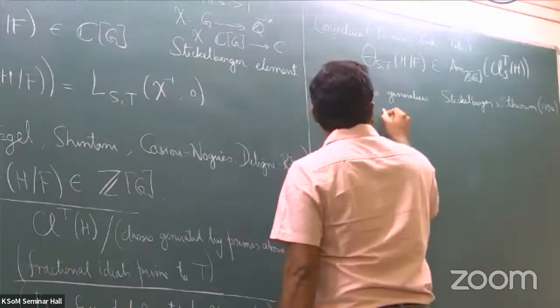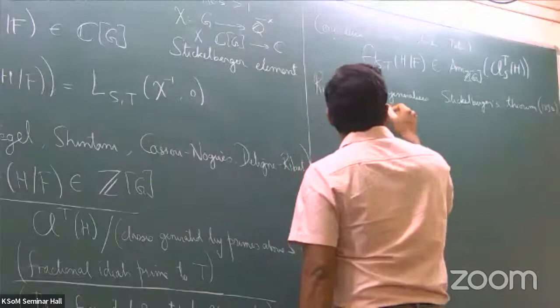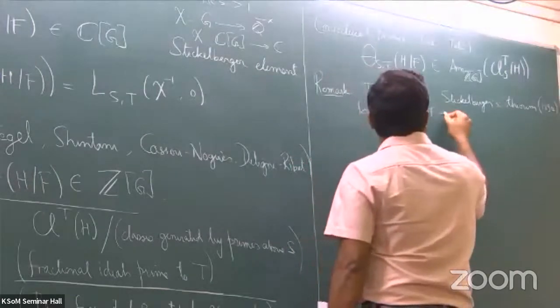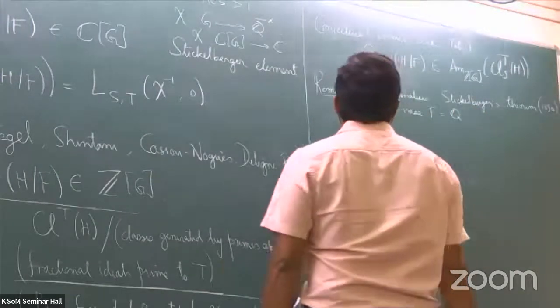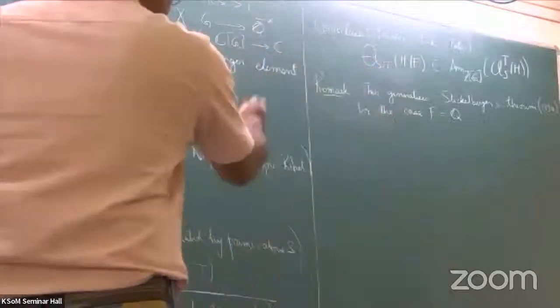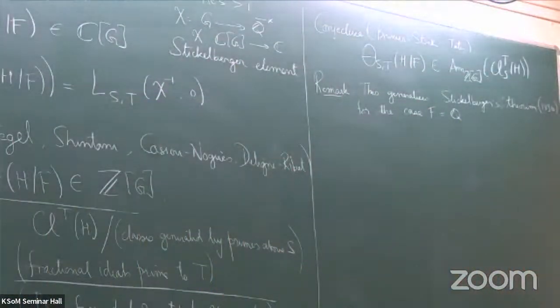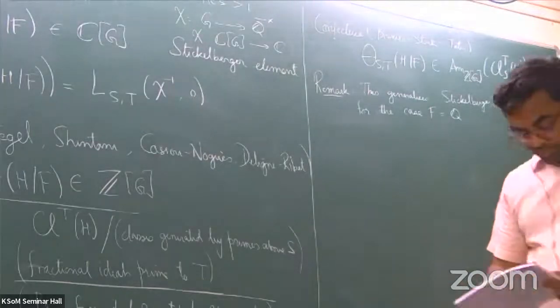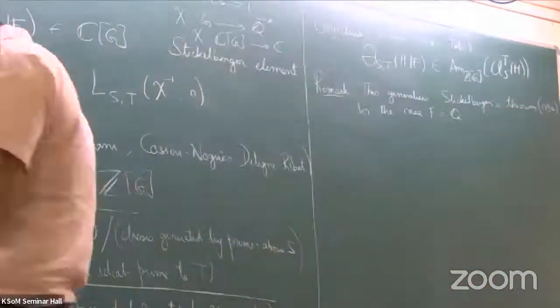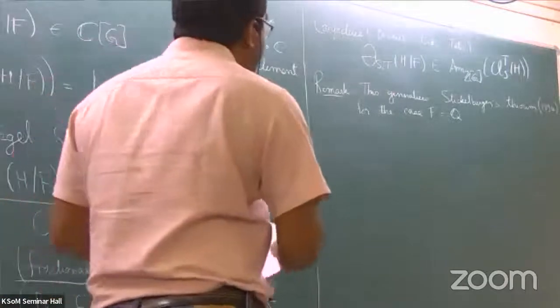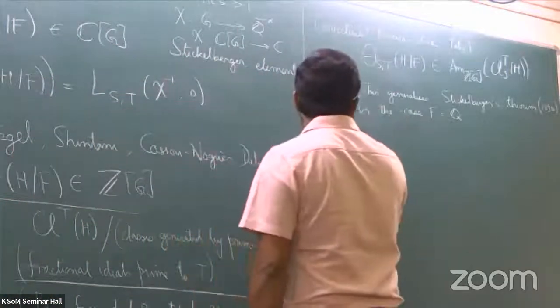For the case F equals Q. So in the case F equals Q, the statement is precisely Stickelberger's theorem, even though it's probably not stated this way. All right. So what can we do?